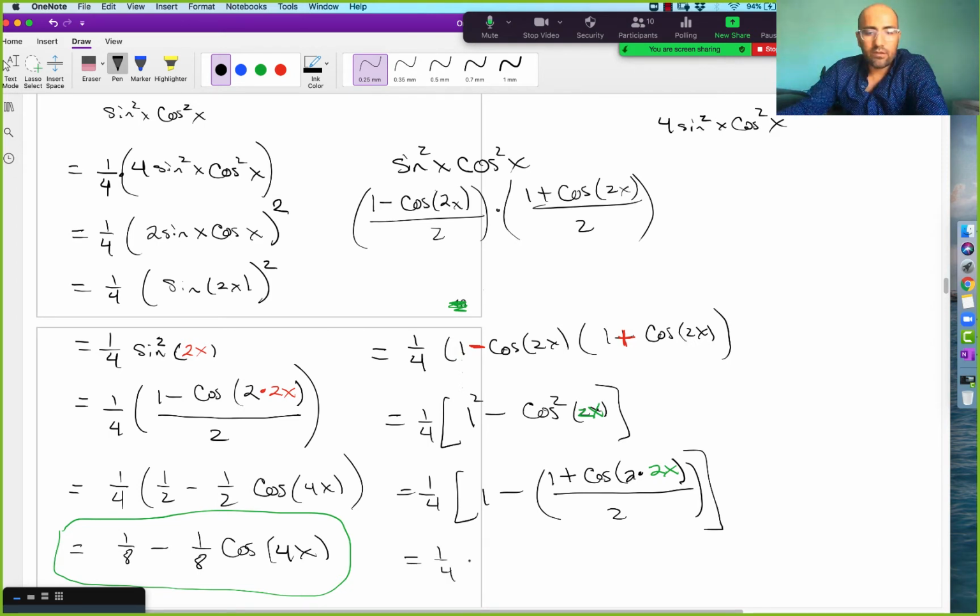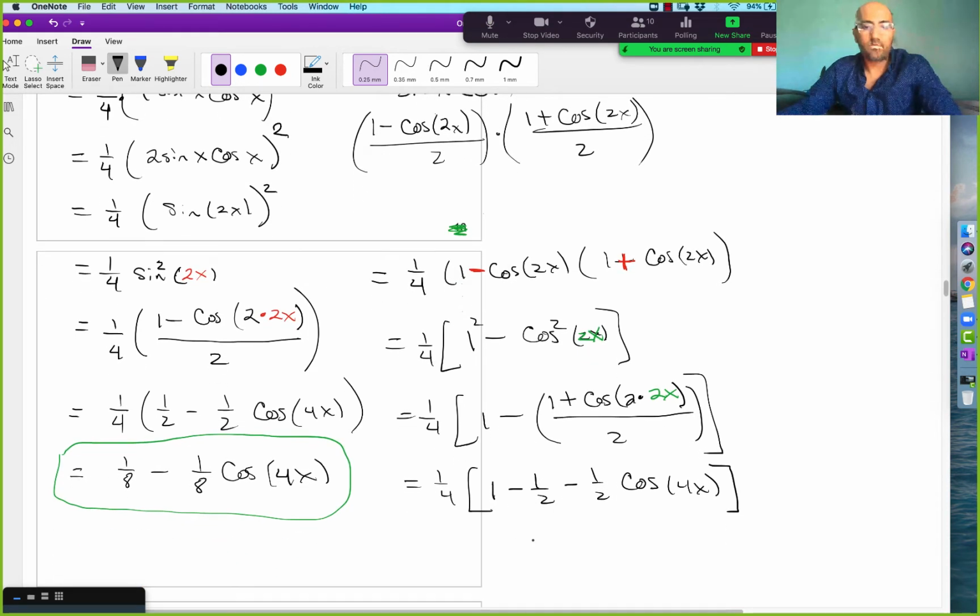And then we try and simplify this. This is a 1/4 parentheses. This is going to be 1 minus 1/2 minus 1/2 cosine of 4x. 1 minus 1/2 is equal to positive 1/2. 1/4 positive 1/2, combining these two, gives you this guy.